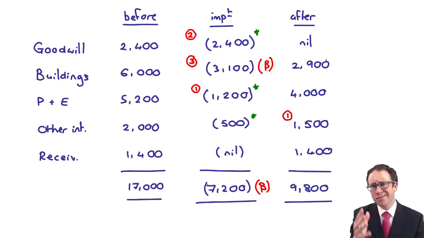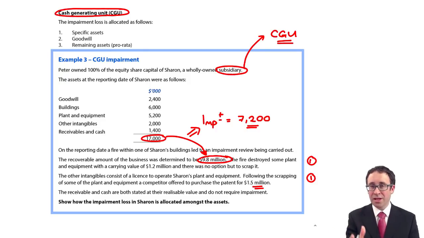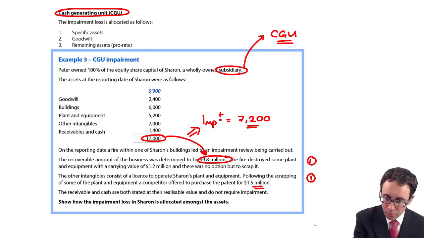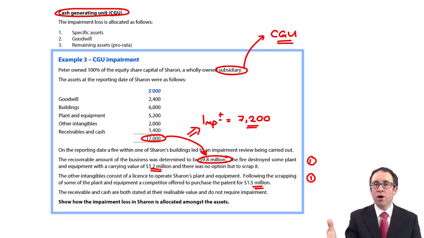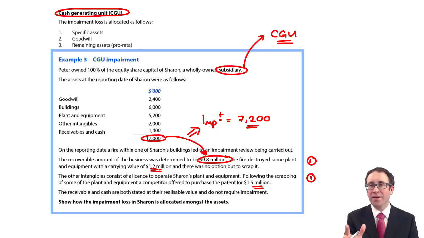Well, no, because what's happened is we've been specifically told that 1.2 million is to be scrapped. Okay. But there's nothing wrong with anything else. Everything else is fine. All the other assets haven't been impacted by the fire. Well, all the other items of plant and equipment haven't been impacted by the fire.